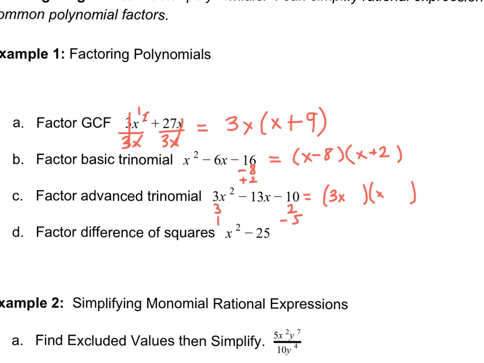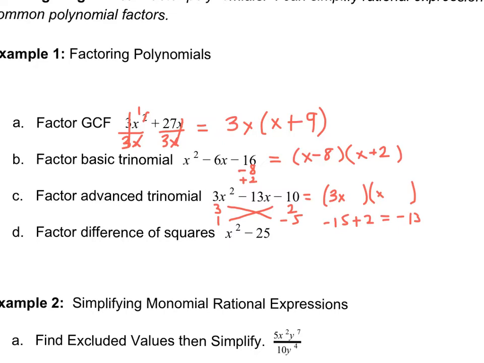Now a quick way to check to see if your factors are lined up is you can check your outsides, which would be 3 and negative 5, which makes negative 15, and then 1 and 2, which makes positive 2, which adds up to negative 13.